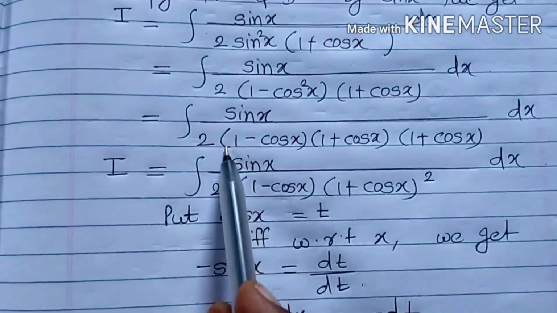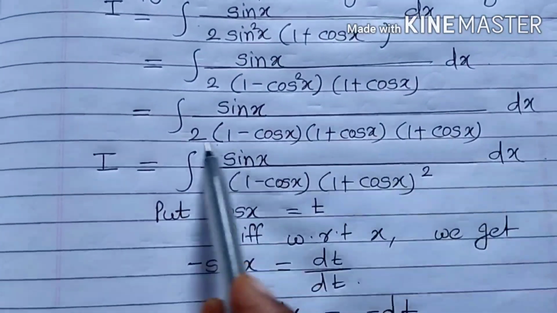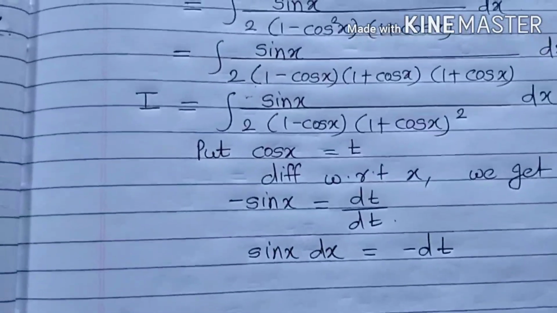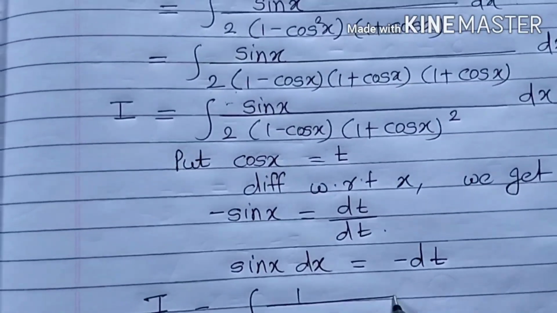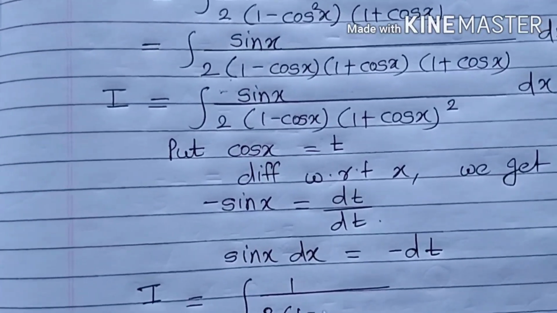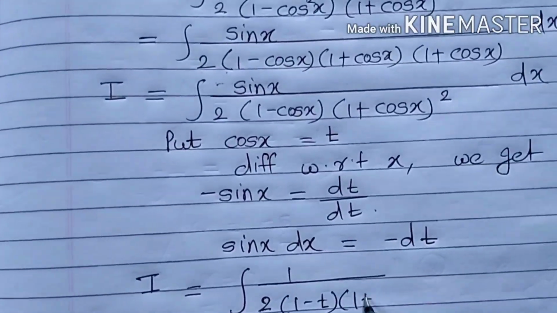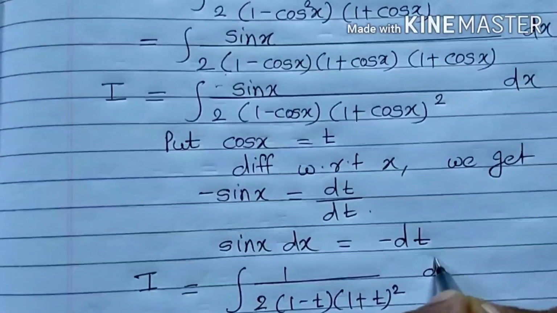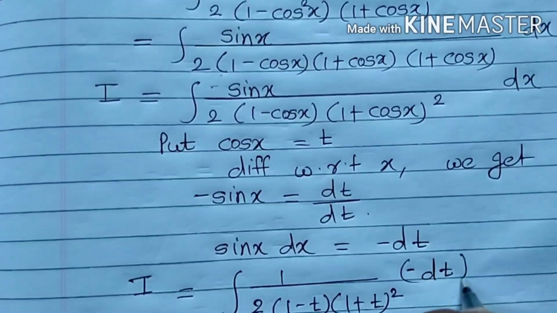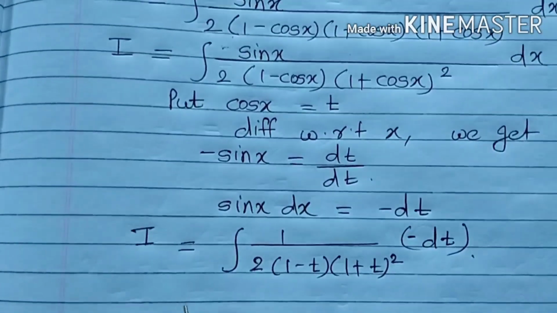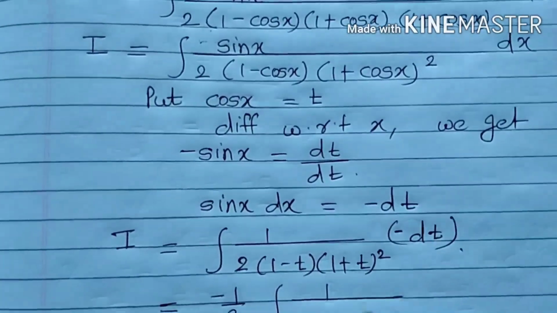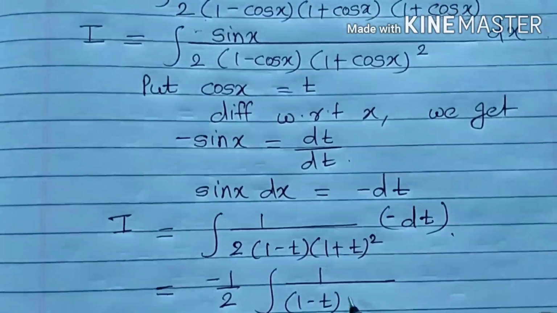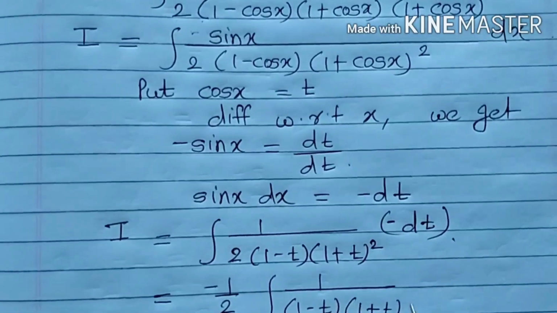So you can observe the value of sin x dx is minus dt. Therefore, I is equal to the integration of 1 upon 2 (1 minus t)(1 plus t) square, minus dt. Now take outside minus 1 upon 2, which is constant, (1 minus t) and (1 plus t) square dt.